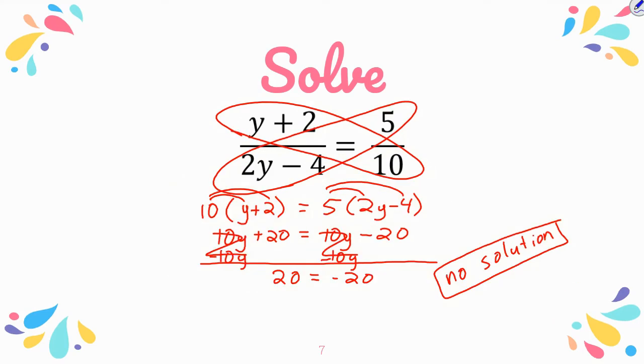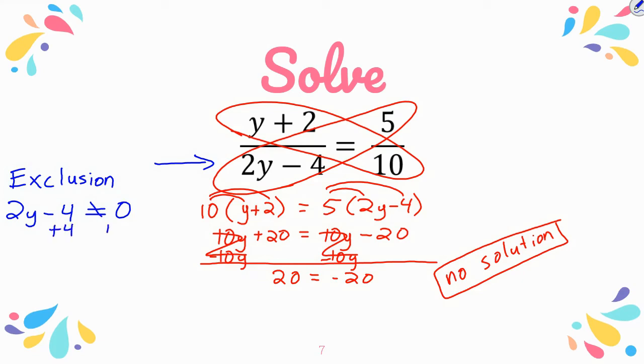However, notice over here, we have a variable in the denominator. So we also need to figure out what our exclusion is. So to find the exclusion, meaning what we have to exclude from our answer, or what y cannot equal, we'll take that denominator, 2y minus 4, and we'll set it unequal to 0, right? Or you could just say you're setting it equal to 0. And then we'll solve for y.